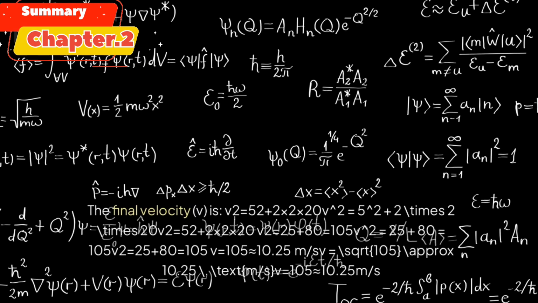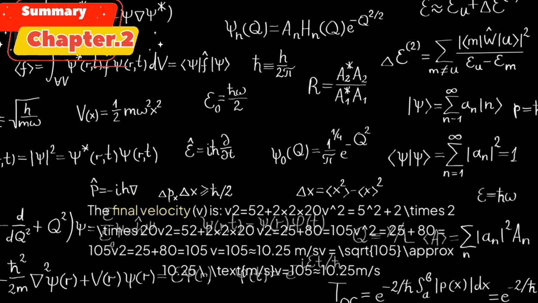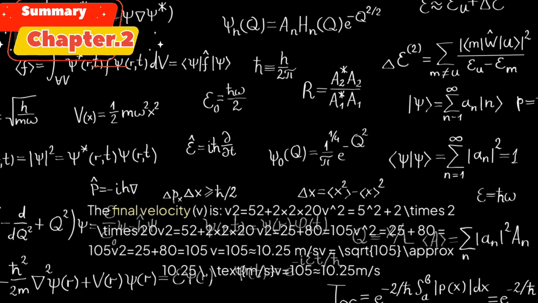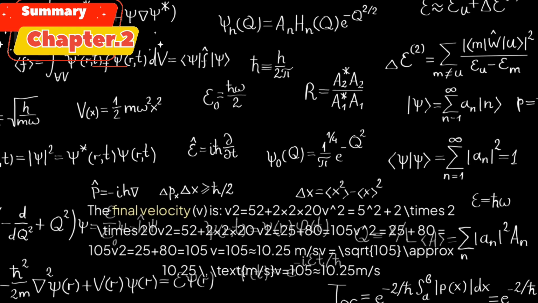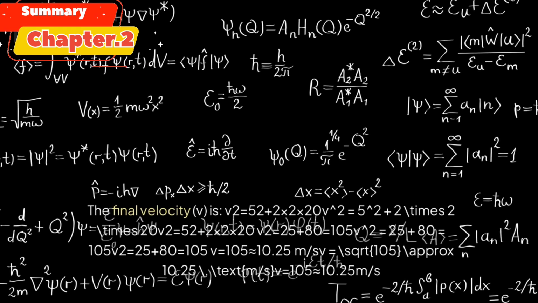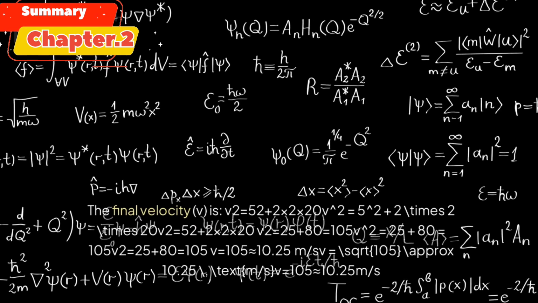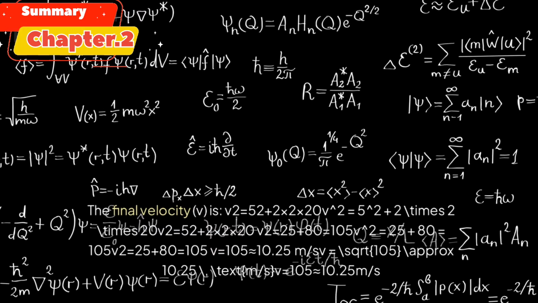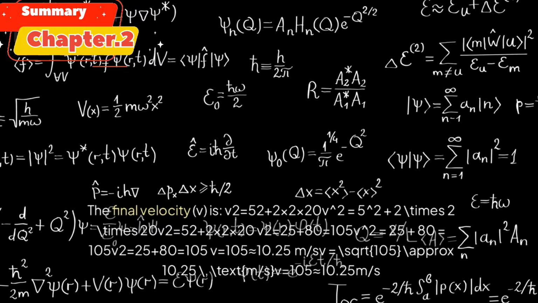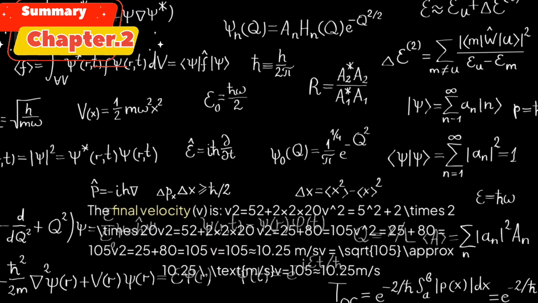The final velocity, v, is: v squared equals 5 squared plus 2 times 2 times 20, which equals 25 plus 80 equals 105.